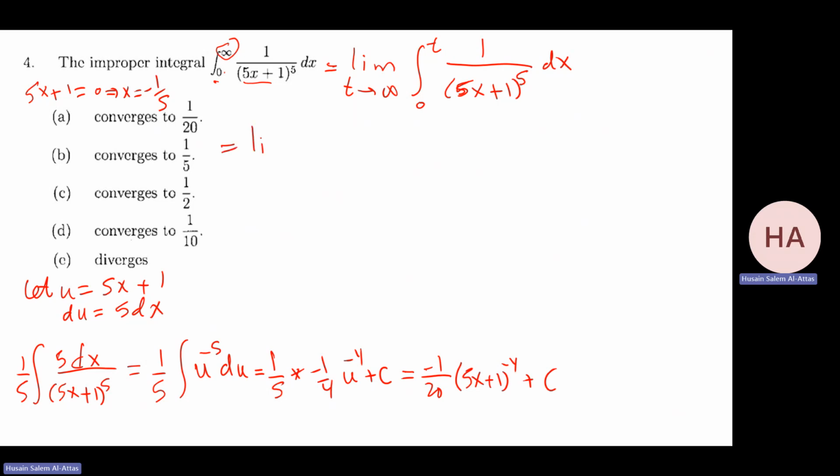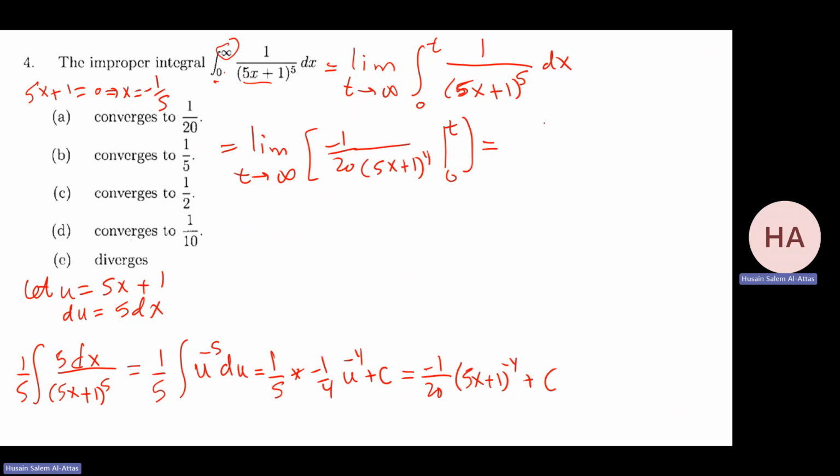So this one will be the limit as t goes to infinity of minus 1 over 20 times (5x plus 1) to the power 4, from 0 to t.